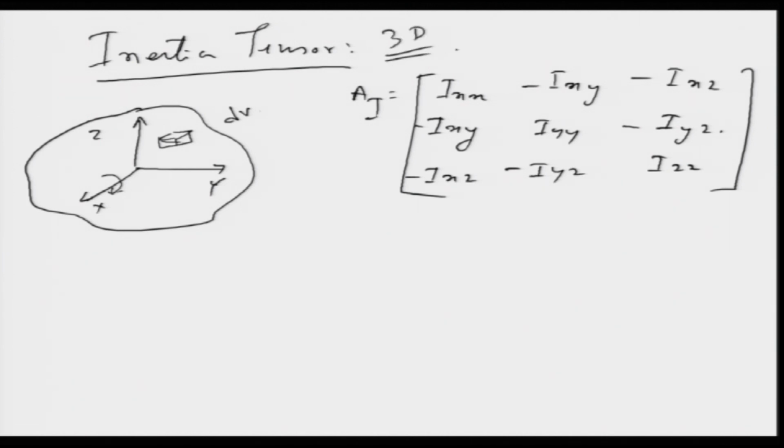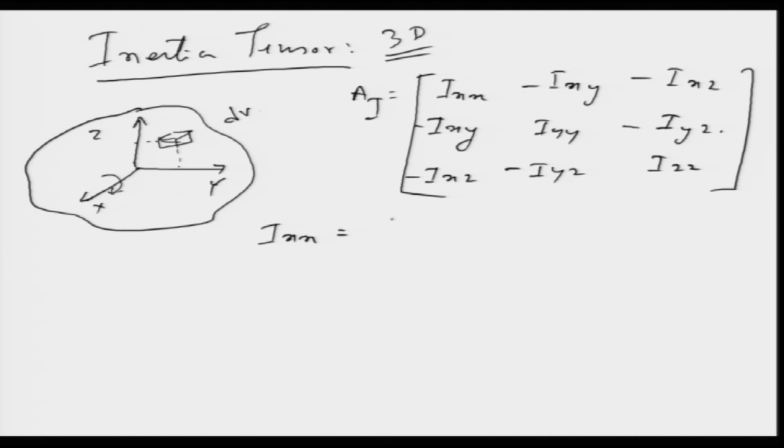And how is it defined? If my object is going to rotate about the x axis, then I xx is equal to the integral of, you can see here how far this elemental volume is from the x axis. The y and z distances represent how much energy is required to rotate about the x axis.